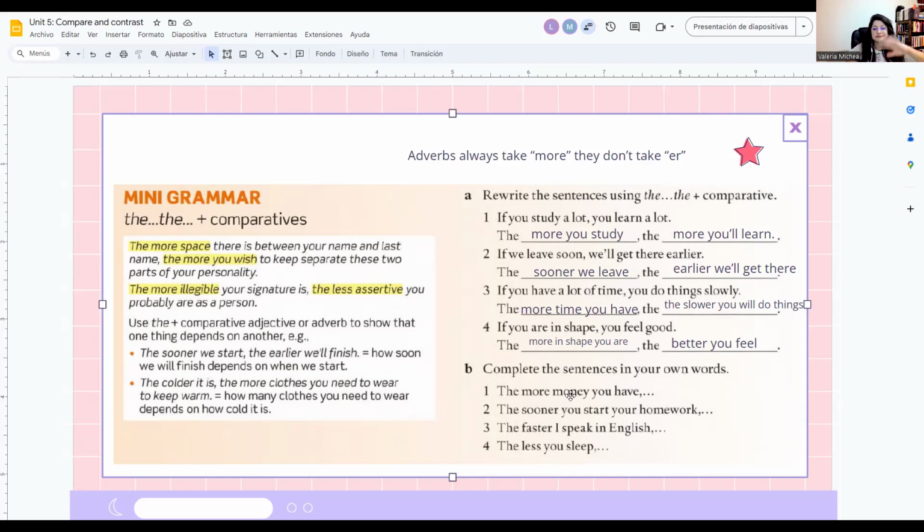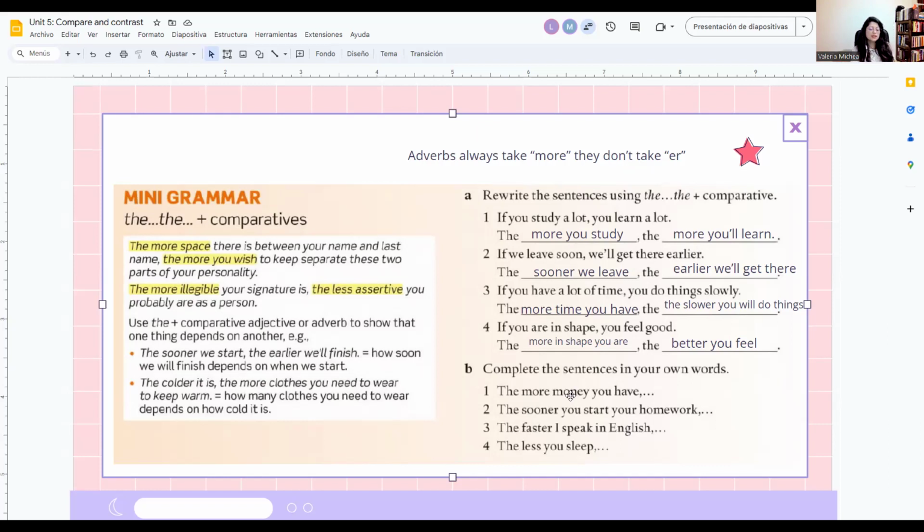It's, again, just another way of making comparatives. That's why I told you that we started from the basics, like adding er or more. Then we took it a little further with equality, superiority, and inferiority. And now we take it a little further with the plus the comparative, right?